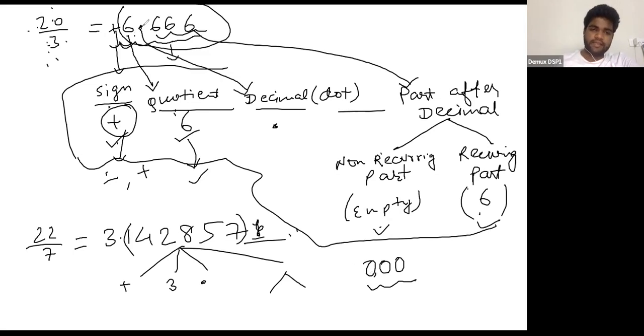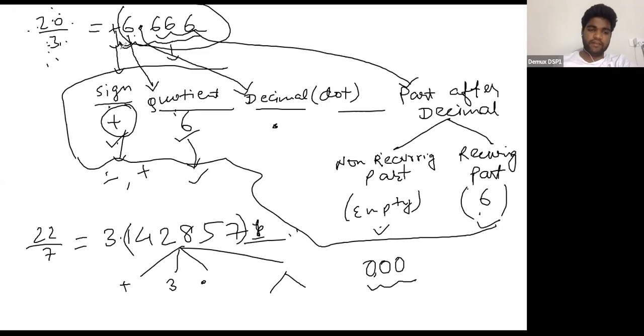So the first time, whatever remainder you get, you multiply it by 10. After that, you keep appending zeros and keep multiplying the remainder by 10 until you get a number greater than the denominator. Do you understand this?